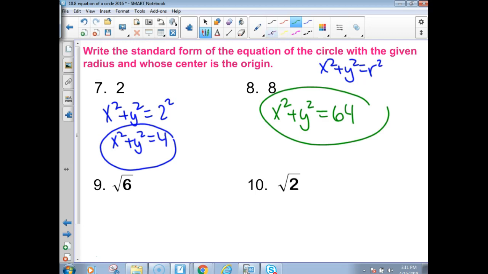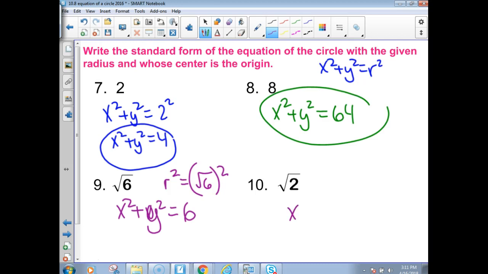Sure. X squared plus y squared equals 6. Correct. Because r squared equals the square root of 6 squared, and those two things undo each other. So it's 10. All right, Dariana. Good. That's it.